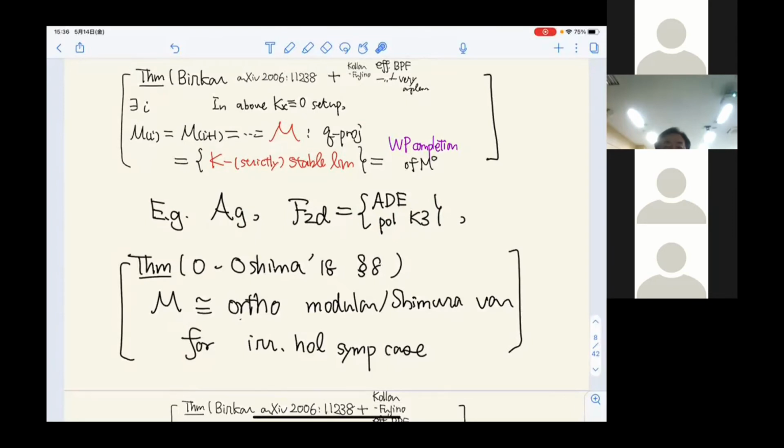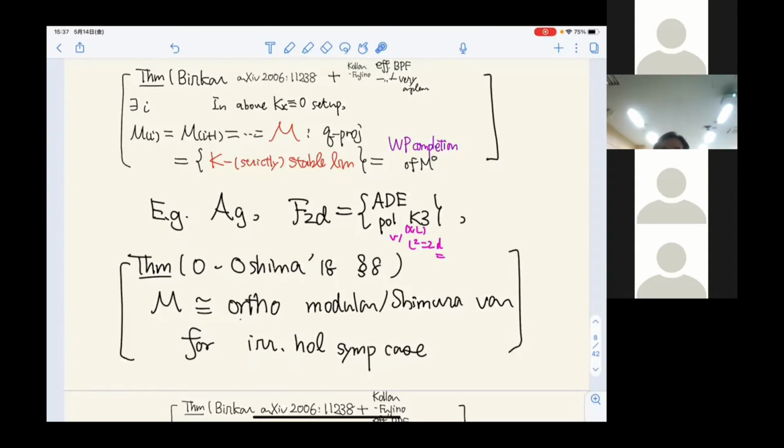So the original moduli of polarized K3, (X, L) with L squared equal to 2d, we fix this d. Originally X was only allowed to be smooth, and the moduli is the complement of Heegner divisors. But by this partial compactification, we fill in the Heegner divisors.